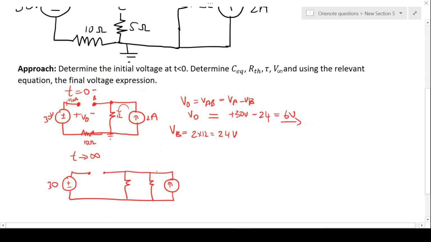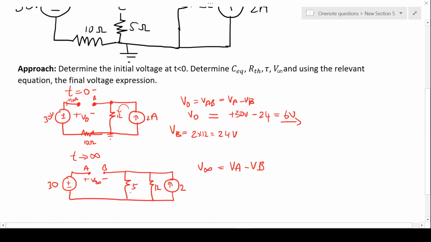So that will be 30. This will be 5, and this will be 12, and this will be 2. And again, we're going to have that as A and B and plus minus, call this V infinity. So V infinity will give you again VA minus VB.